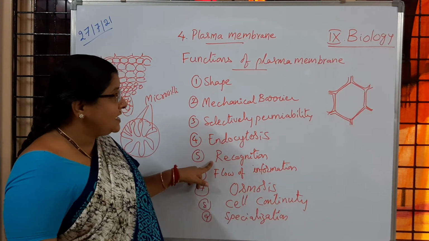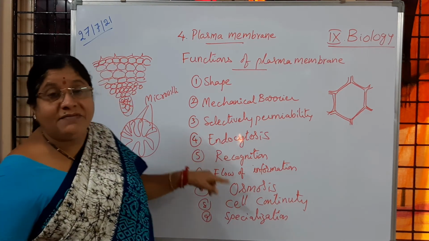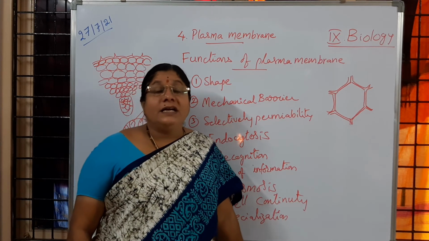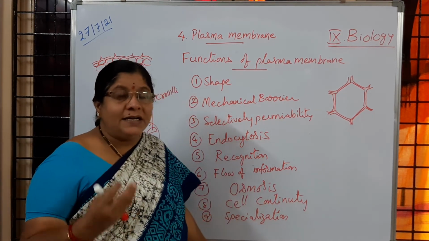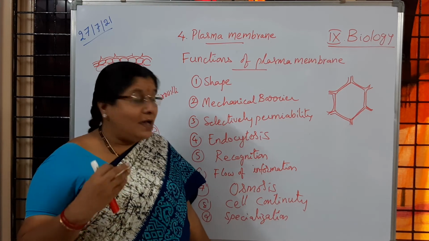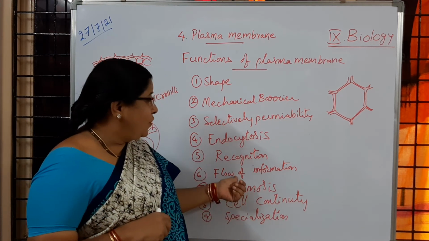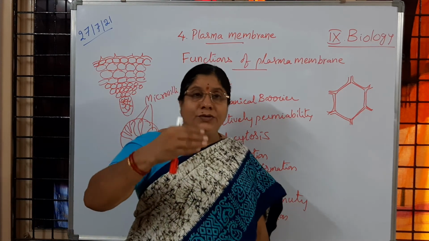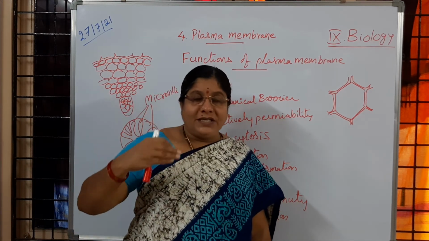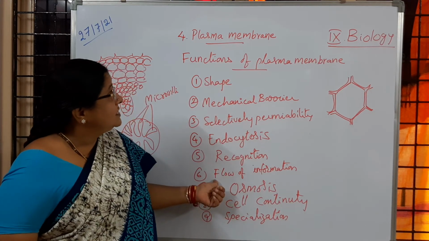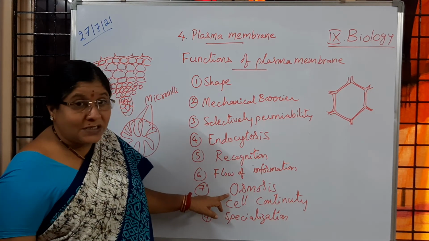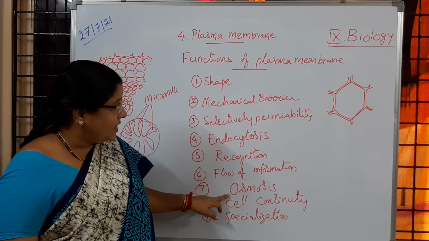Then recognition: the plasma membrane has the capability of recognizing because of chemicals present on it. Then the flow of information from one cell to another is carried out because of this plasma membrane. And osmosis also happens because of the plasma membrane.